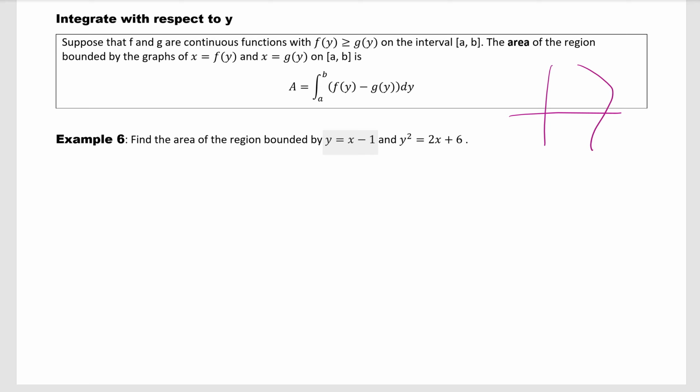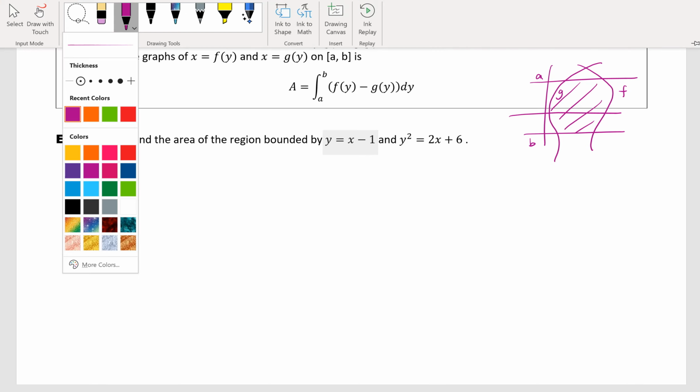You have this is f and this is g, and you want to evaluate from a to b. So remember, the bigger function now is on the right hand side. The smaller function is on the left hand side. If you want to evaluate this region, what do you do?